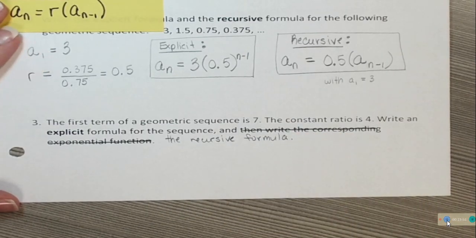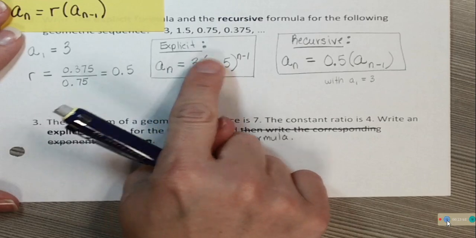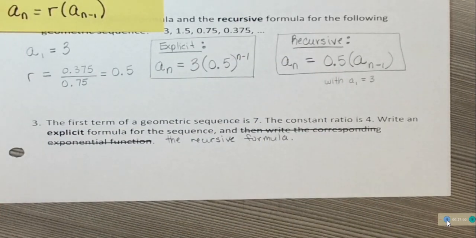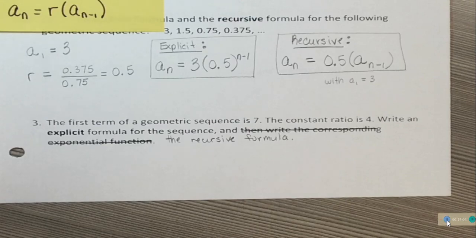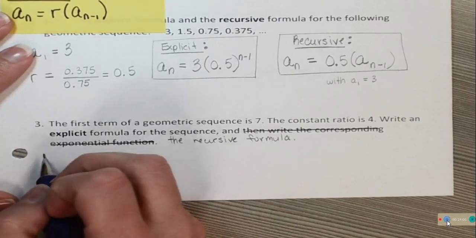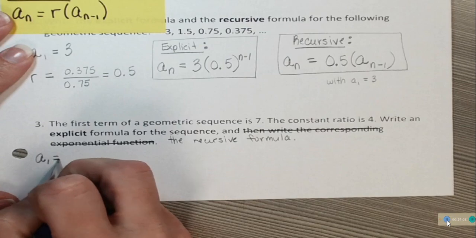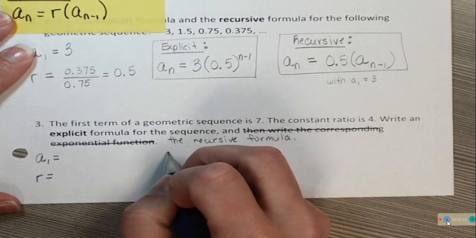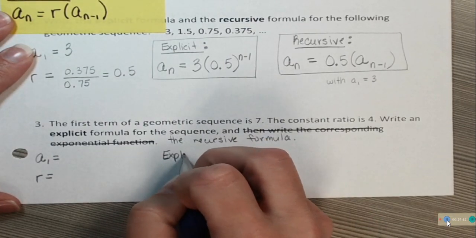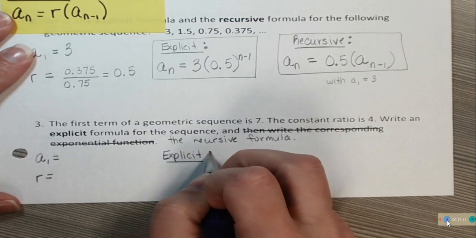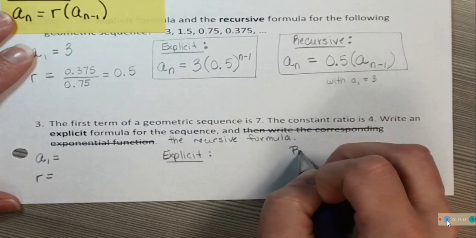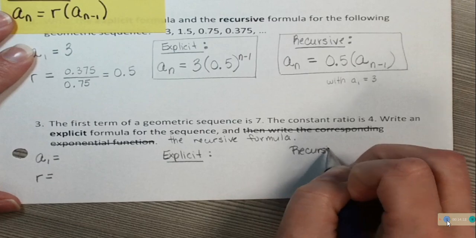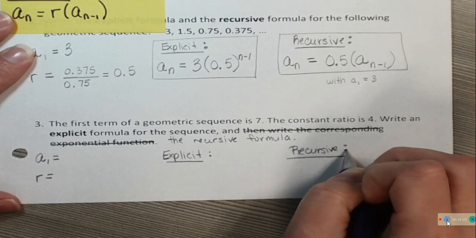Okay? So I want you on this problem to do the same thing we had to do here, except you don't have to figure out the R. I gave you A1 and R. So you need to identify what is A1 and R, and then I want you to write the explicit rule, and I want you to write the recursive rule on your own, and then in just a second we'll check them.